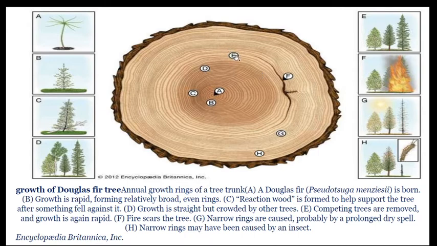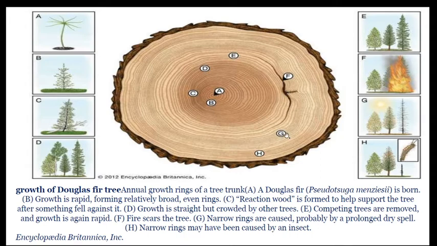Then E is where competing trees are removed. Due to some reasons, the competitors are removed and growth is again rapid, a faster growth. In case of F, there are fire scars shown by this ring, present at that time due to fire in a forest.